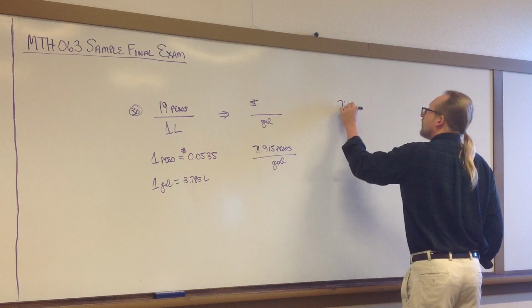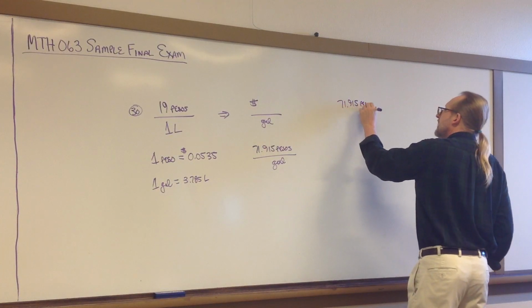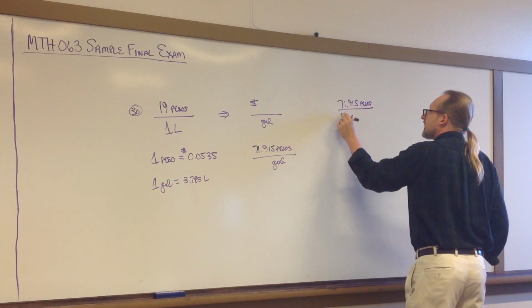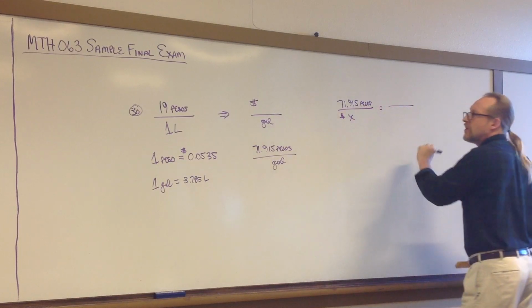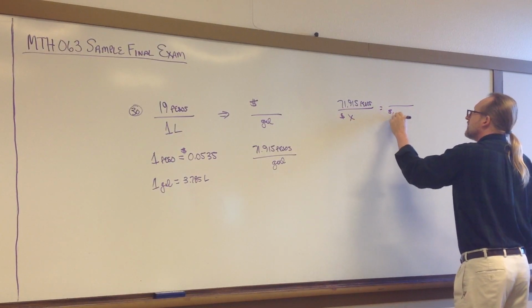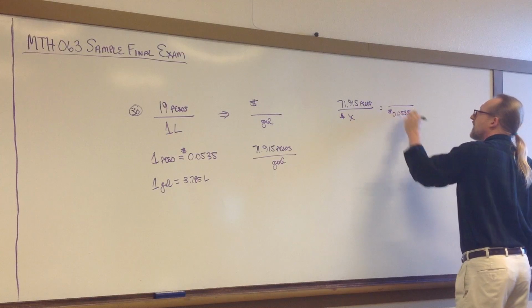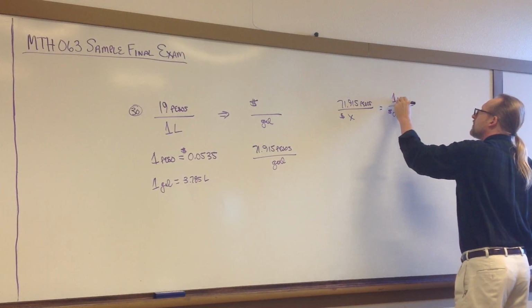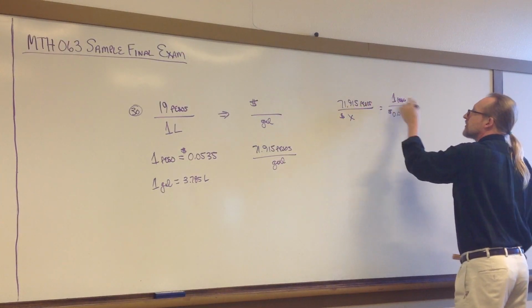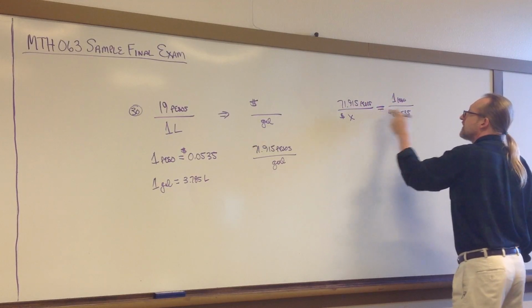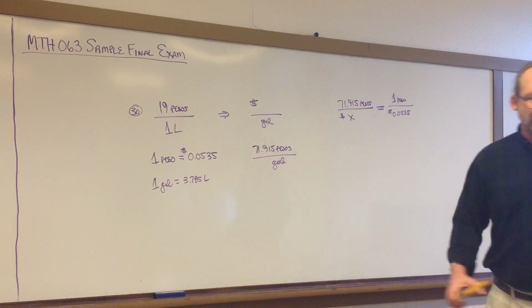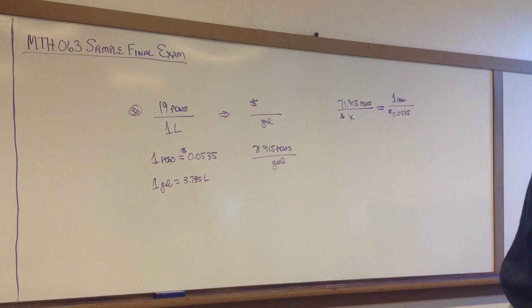So 71.915 pesos is X dollars if we know that it is $0.0535 for 1 peso. And again, the pesos are arranged on the top and the dollars are arranged on the bottom. It doesn't matter whether they go on the top or the bottom. What matters is that they match up.